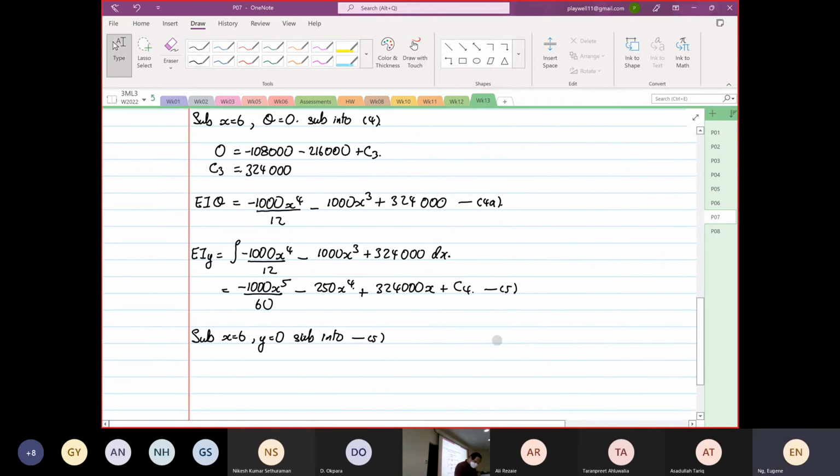Okay. So this is equal to 0, is equal to 6 to the power of 5 times 1000 divided by 60, is equal to minus 129600. Let me do it again. 6 to the power of 5 times 1000 divided by 60, 129600, minus 250 times 6 to the power of 4, 324123.